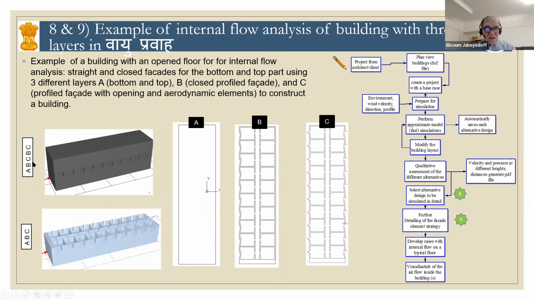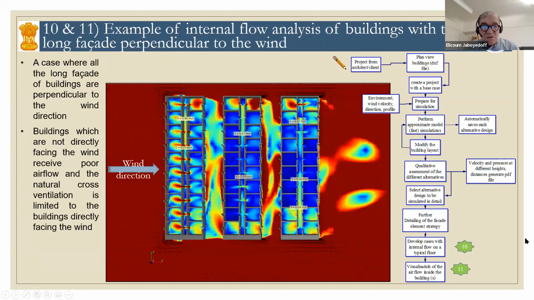And then again, the B and C on top, so that at one floor, you have the sill, then you have the openable part, and then you have the sill again, and then you have the under the ceiling, sorry. And then after, you can add a block on top to make the complete height. And this allows you to calculate then the airflow going into the building.